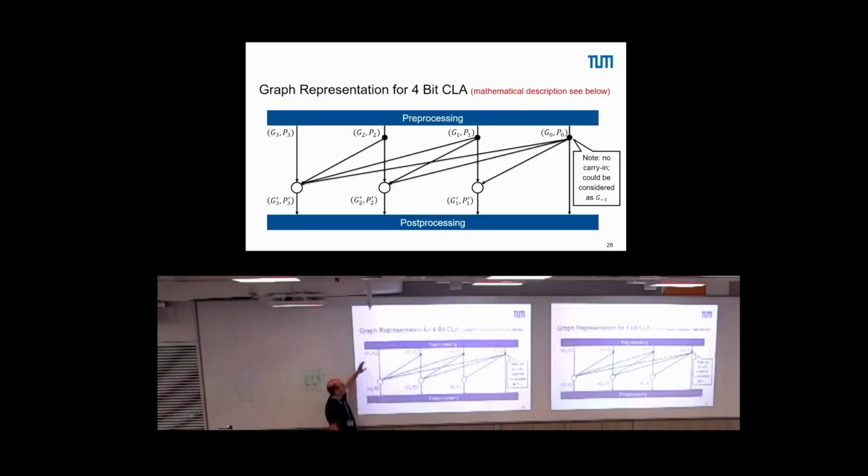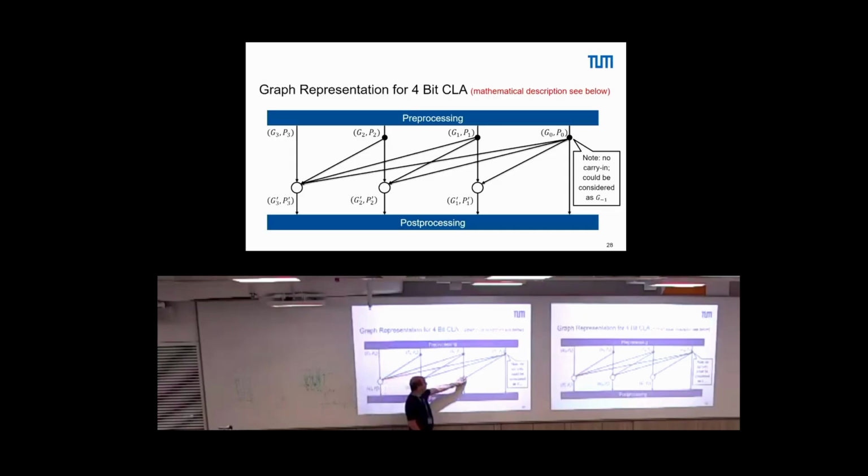So, in that sense, we can draw here a graph for that. Disclaimer, this one here is a little bit differently implemented, interpreted from what we use later, but I want to have this here to just show the similarity. So, we can draw a graph, pre-processing, post-processing layer, and in between, we have a graph structure giving us the carry logic.